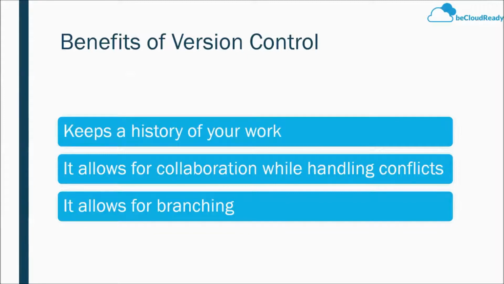Version control also allows for collaboration while handling conflicts. If two people are working on copies of a program on their personal machines and they upload the changes to a central location, they can get into issues where both people are working on the same file.